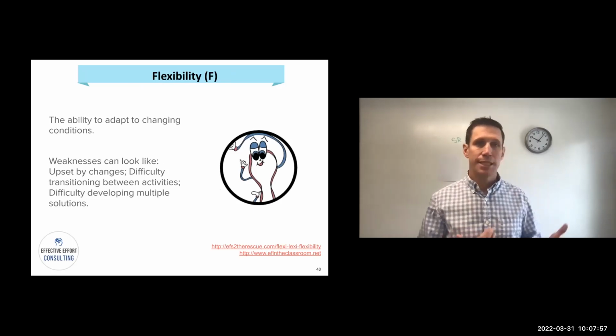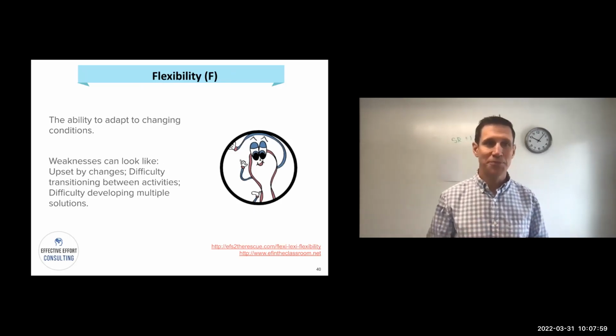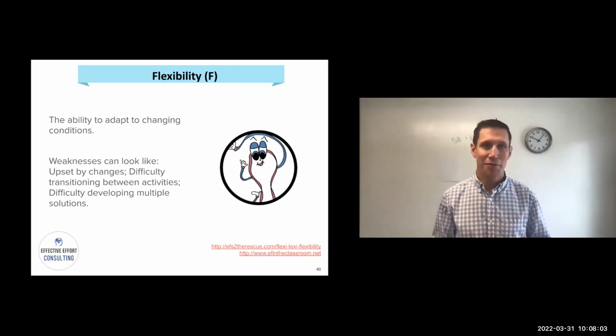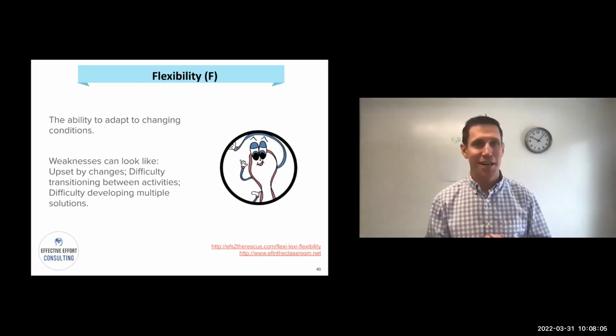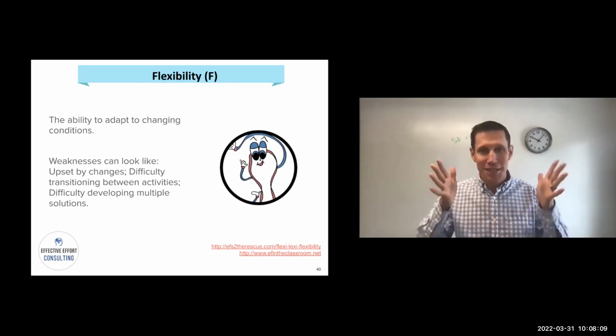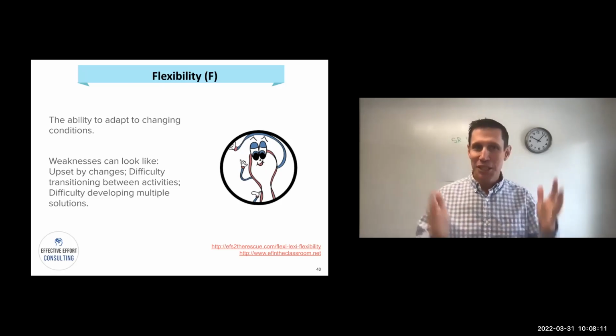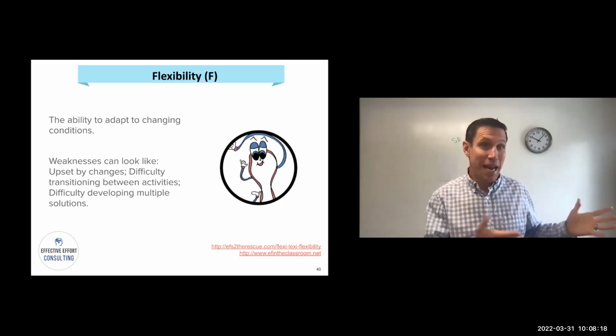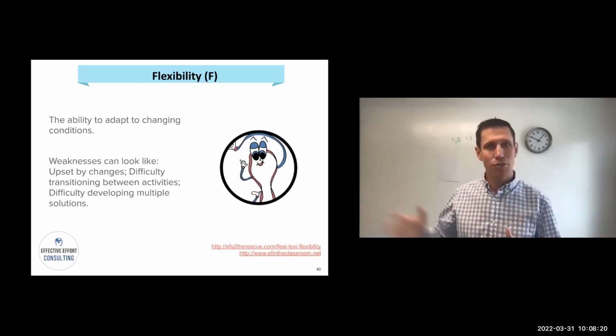Flexibility. This is being able to go with the flow. We're joking. There's a part of us all that loves education in a way, because it's the opposite of flexibility. It gives you structure and boundaries. It gives you clear lines. It gives you a schedule, right? So as teachers, we kind of got into it because we probably enjoyed that aspect of it, right? I've got a schedule that I can follow.